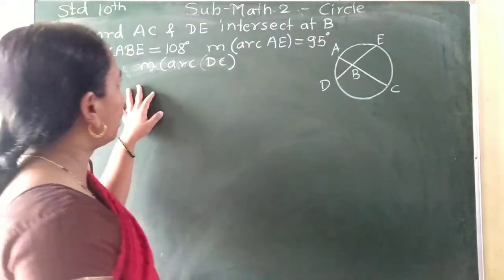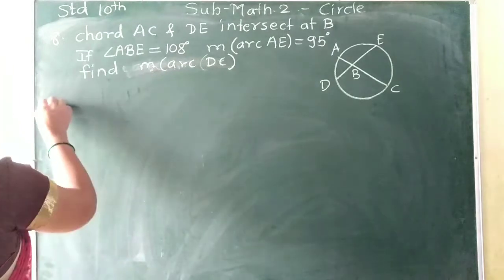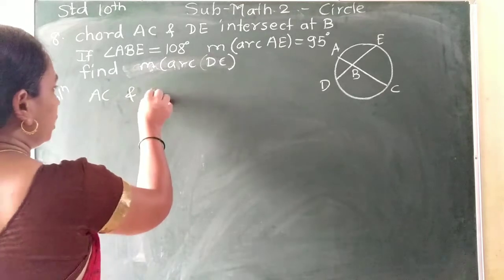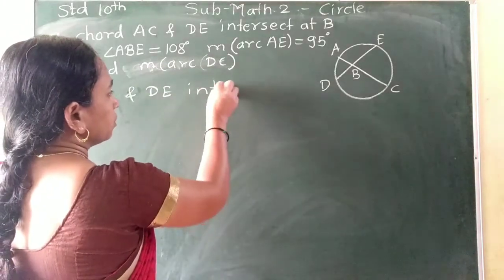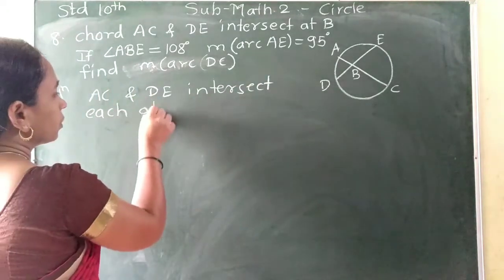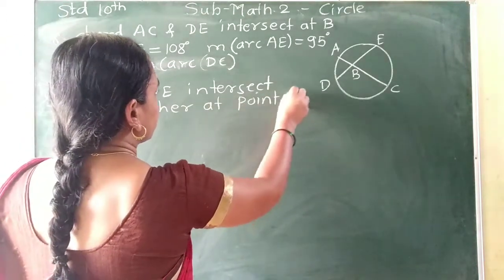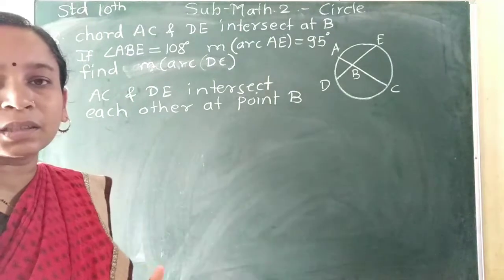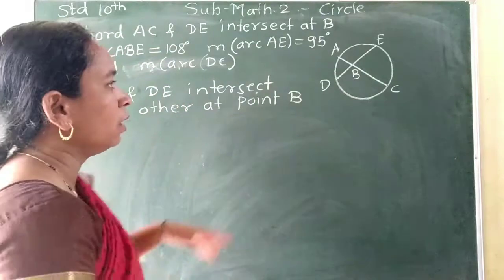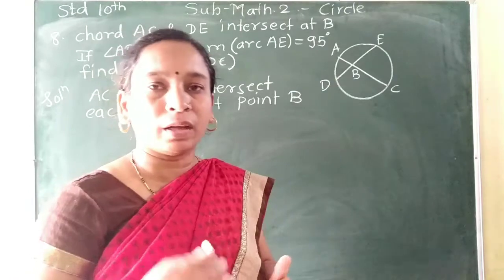Here, these two chords intersect each other internally. Solution: AC and DE intersect each other at point B, internally. If they intersect internally, then angle ABE is half of the sum of the corresponding arcs.